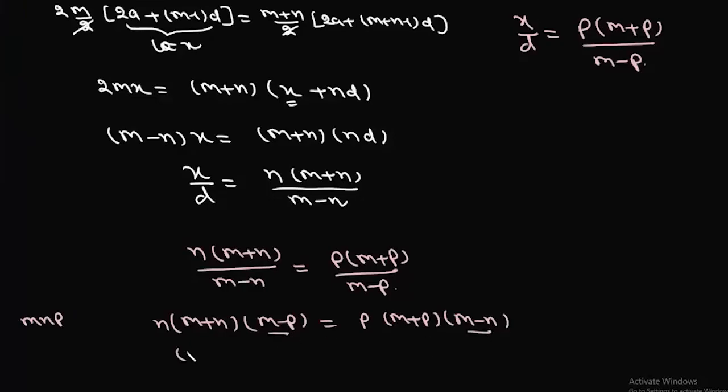So we'll write m plus n. Now this n will cancel, and will be 1 upon p minus 1 upon m, and here will be this m plus p, and it will be 1 upon n minus 1 upon m, which is what we need to prove in this question.